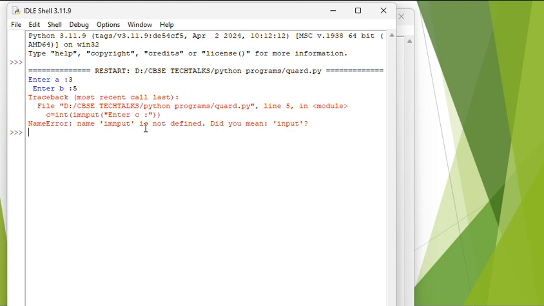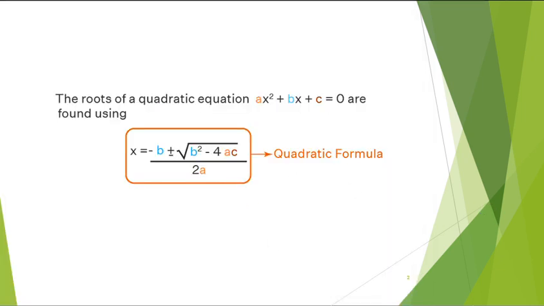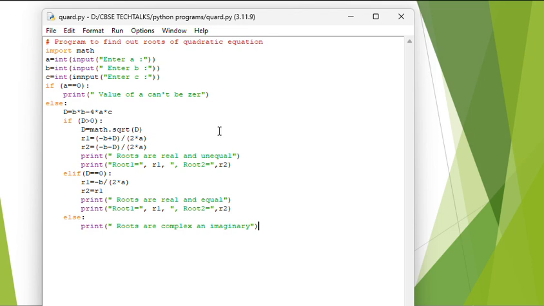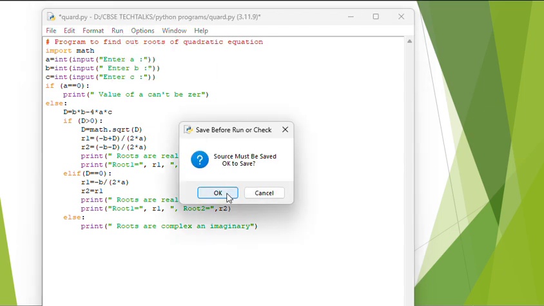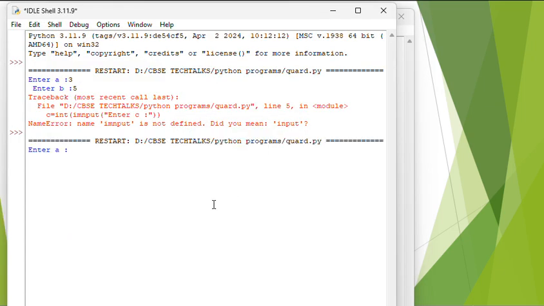It is giving the value C. Okay, the spelling of input, if you see, there is no input. There is some spelling mistake there in the coding. So input. Again run it. It's okay with these errors. With the errors you will understand how to debug and how to go with that. So in this case, roots are real and unequal. This is first root and this is second root.